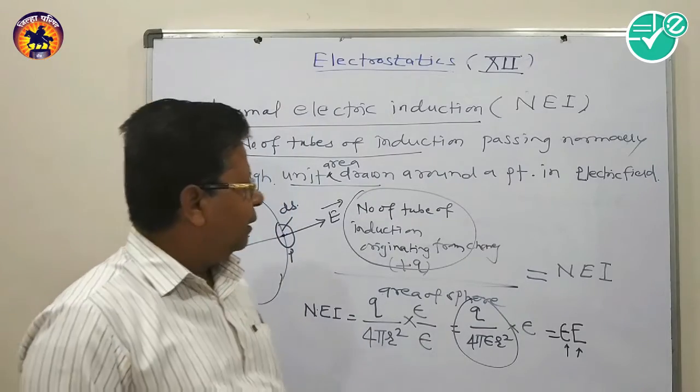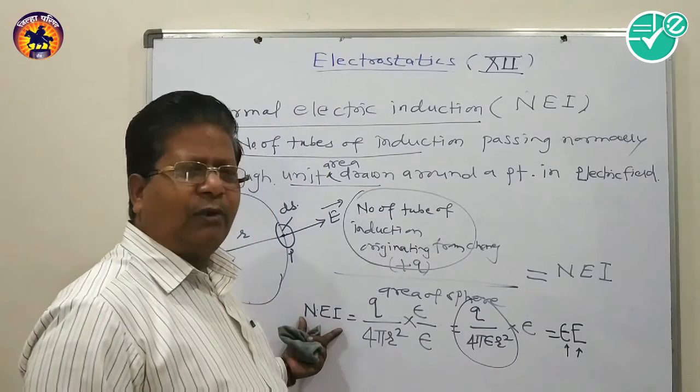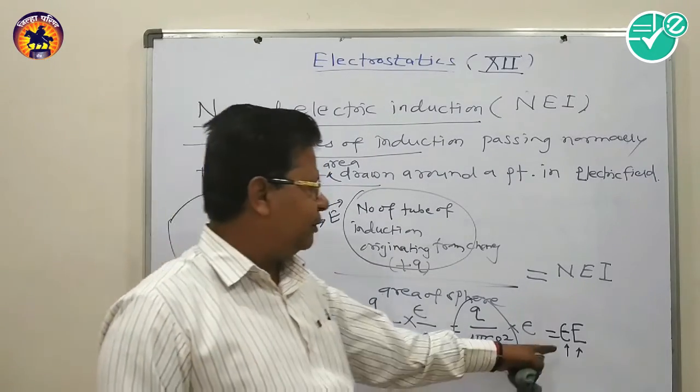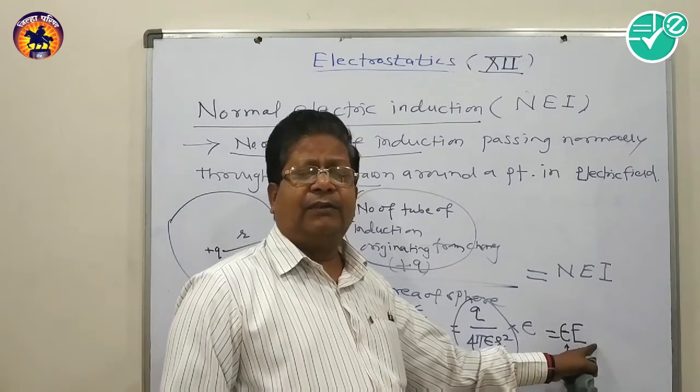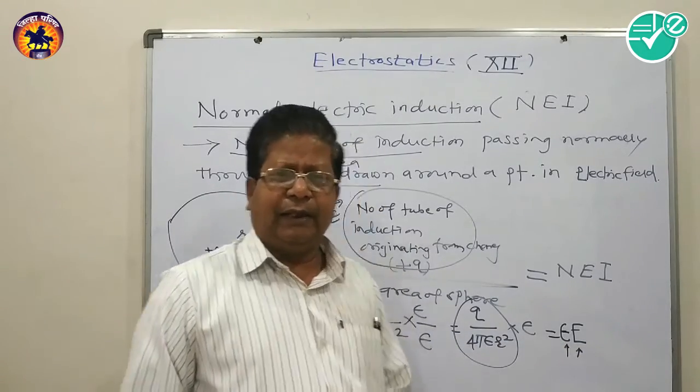Again, we can obtain the SI unit of normal electric induction by substituting the SI unit of epsilon and the SI unit of electric field intensity.